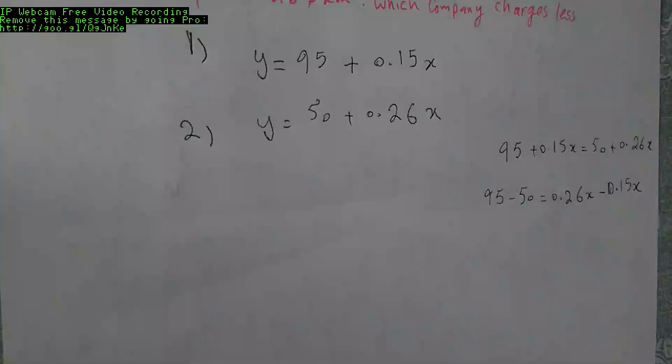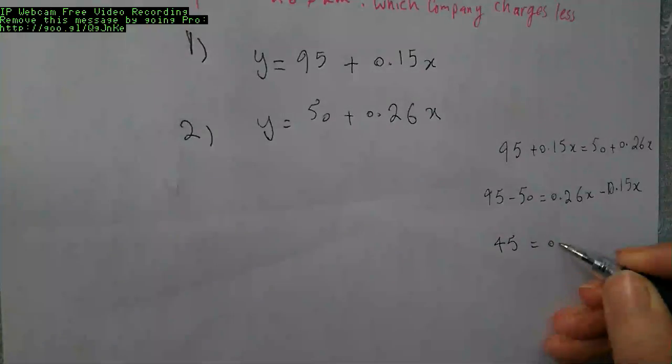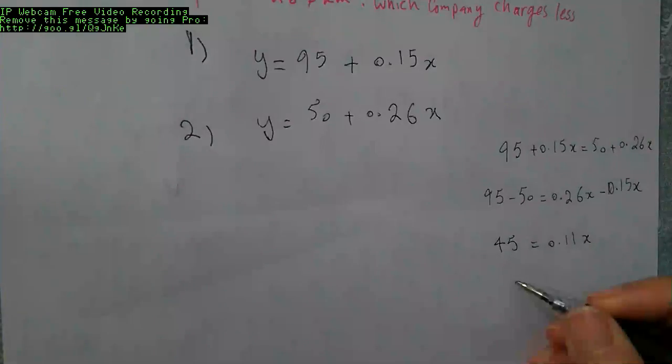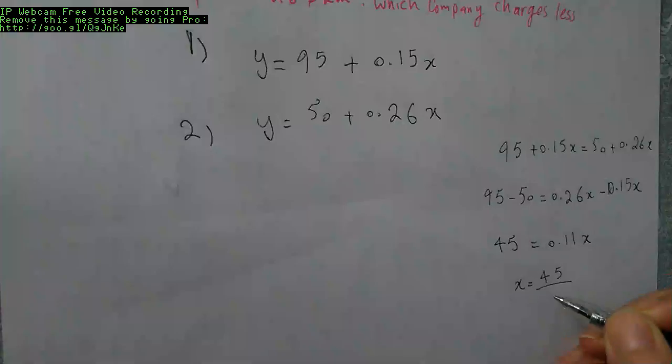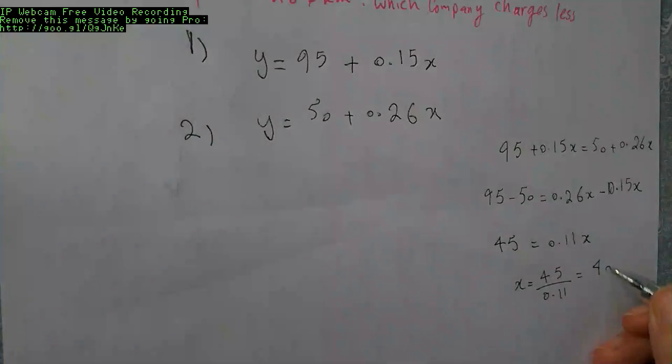Putting that in my calculator, 95 minus 50 is 45, and 0.26 minus 0.15 is 0.11x. So x is 45 divided by 0.11, which is approximately 409.09, about 409 kilometers.